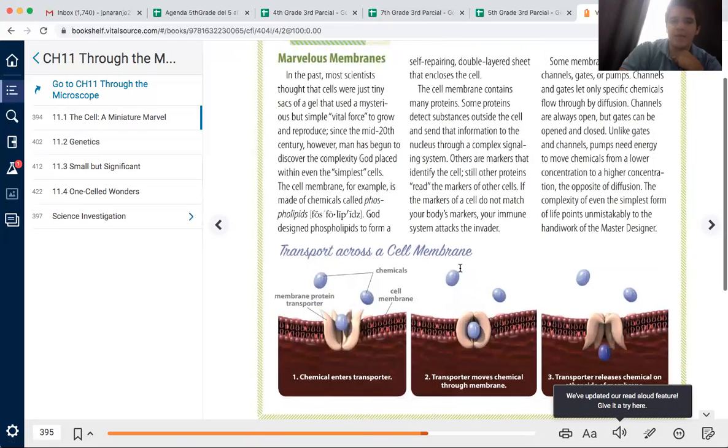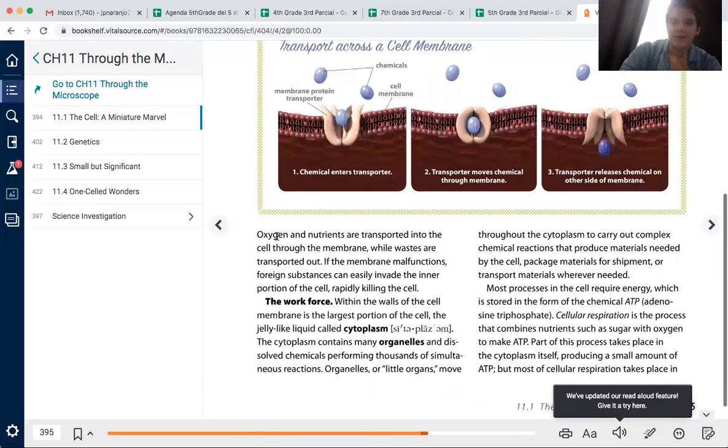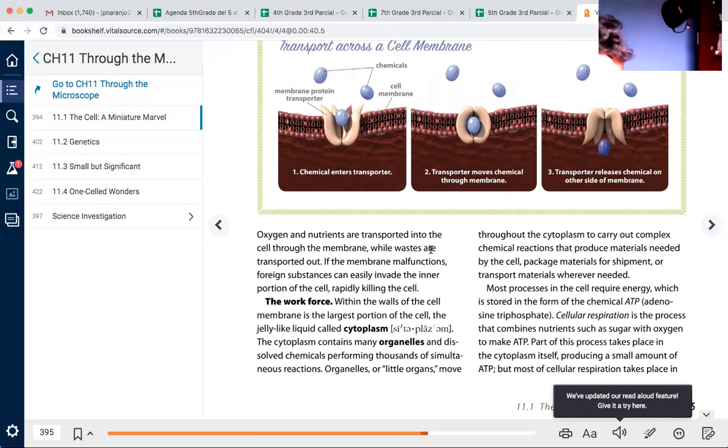All right. We're not going to focus on that. Keep reading. Oxygen and nutrients are transported into the cell through the membrane while wastes are transported out. If the membrane malfunctions, foreign substances can easily invade the inner portion of the cell, rapidly killing the cell.